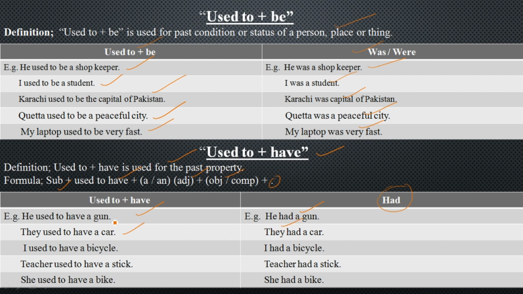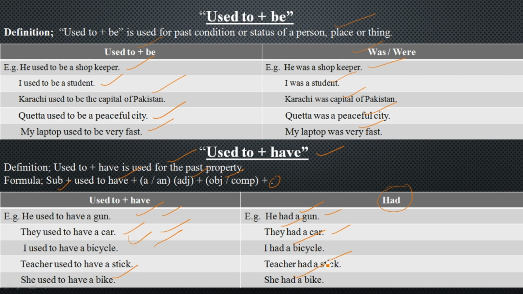But as a formalized structure, you can use it in this way, and this is the simple way to use these sentences, but they will give the same meaning. I used to have a bicycle. I had a bicycle. Teacher used to have a stick, and teacher had a stick. She used to have a bike.